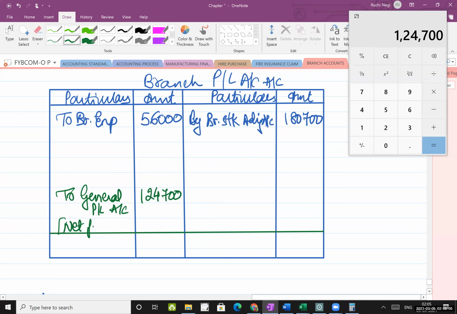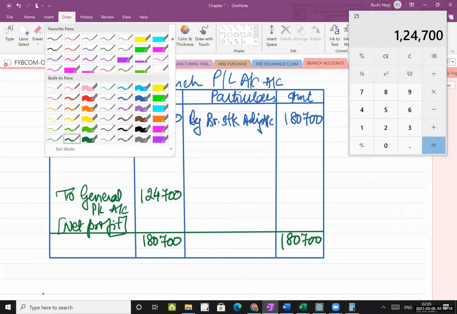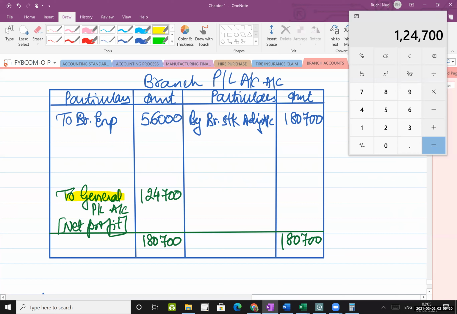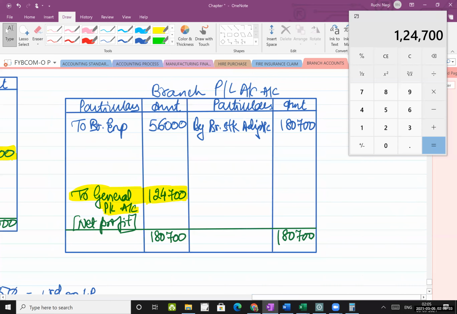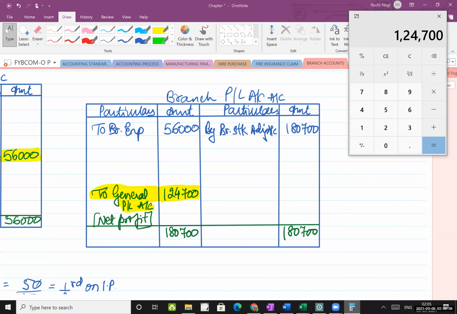Both are correct. So this completes the question. It's general P&L account, 1 lakh 24,700.